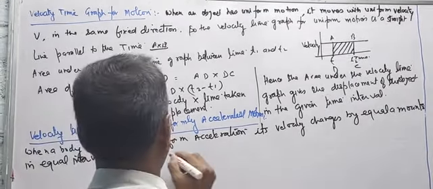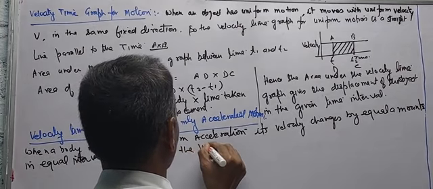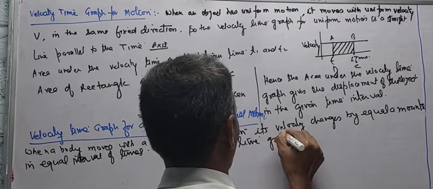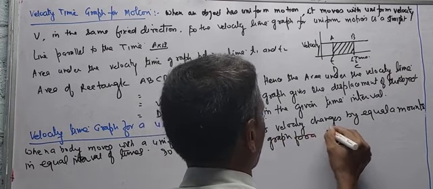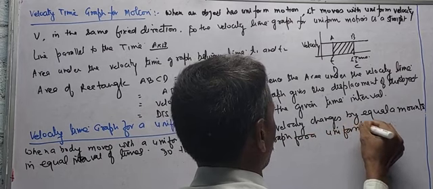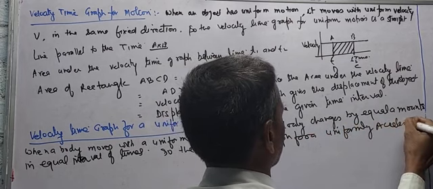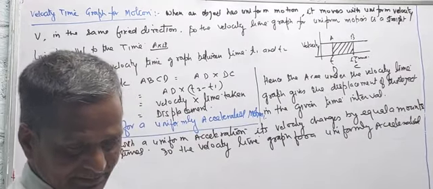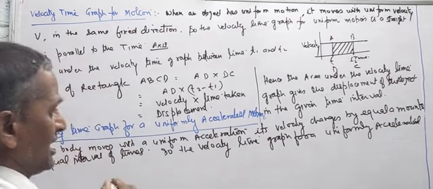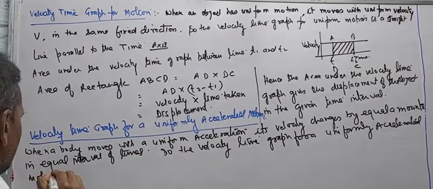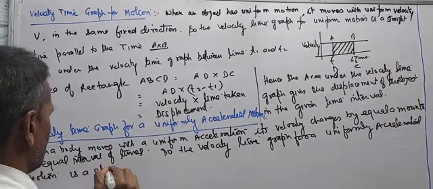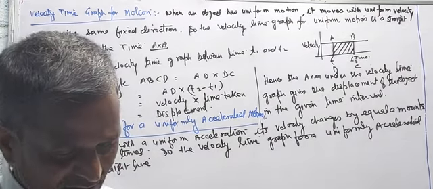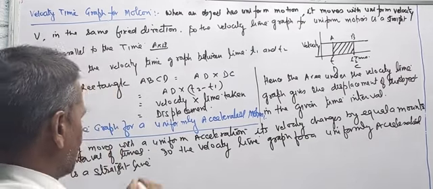So the velocity time graph for a uniformly accelerated motion is a straight line inclined to the time axis.